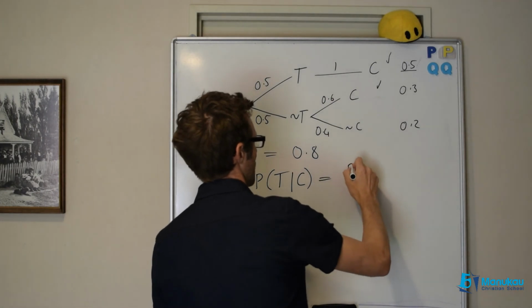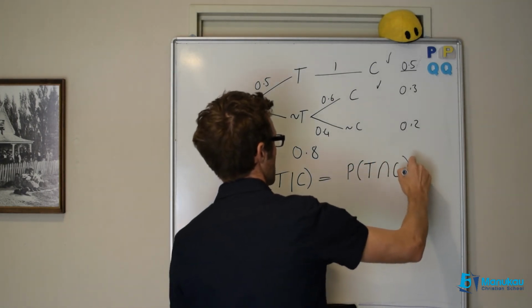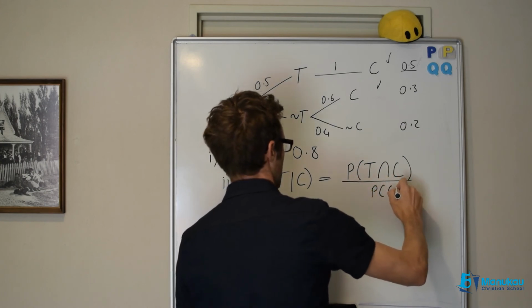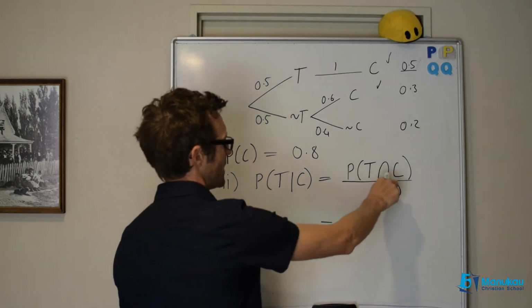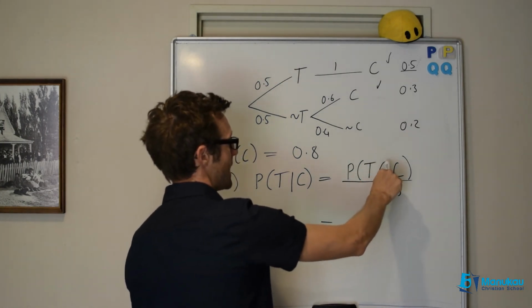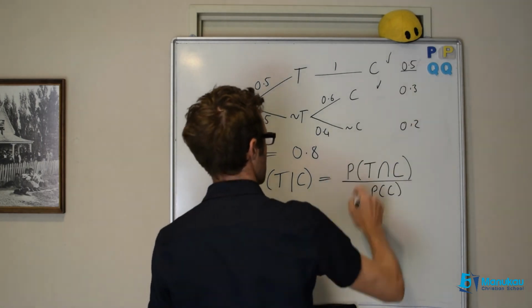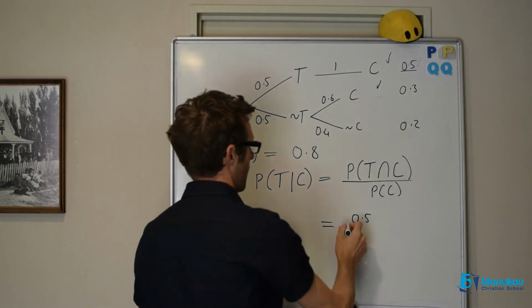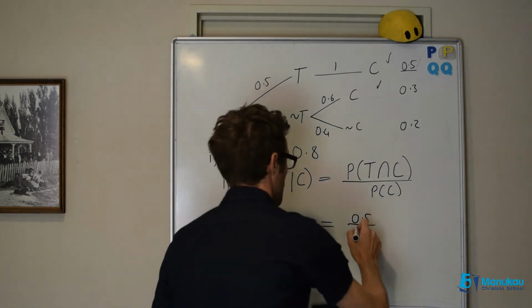It's going to be the probability of T intersection C divided by the probability of C. T intersection C means both trained and also chosen, which is this bit here, 0.5, over the chance that he was chosen, which is 0.8.